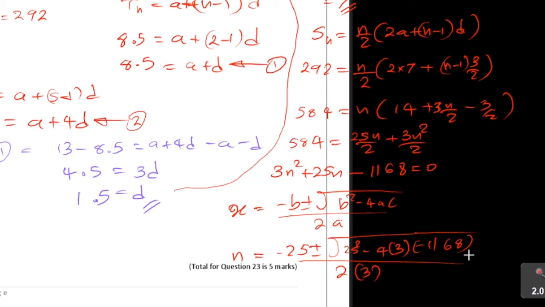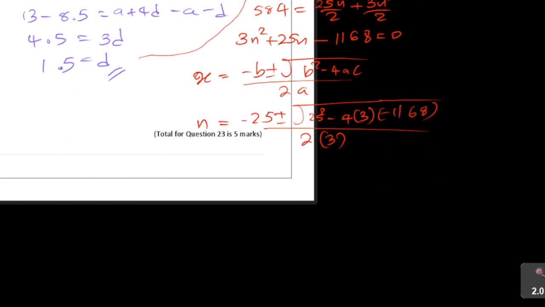What do we get? You can use the calculator and straight away get these answers. It's not taking that long. We got 16. Nice answer.